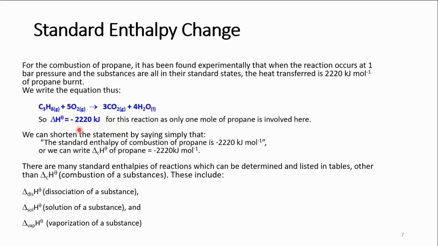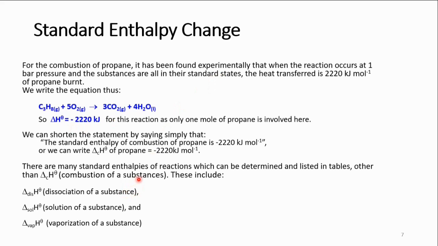Generally, once we are talking about standard enthalpy changes, it's 1 molar under conditions of 1 bar pressure and 298 Kelvin. So even if I don't tell you the temperature, once I'm talking about standard enthalpy changes, it's 1 bar pressure and the temperature is 298 Kelvin.